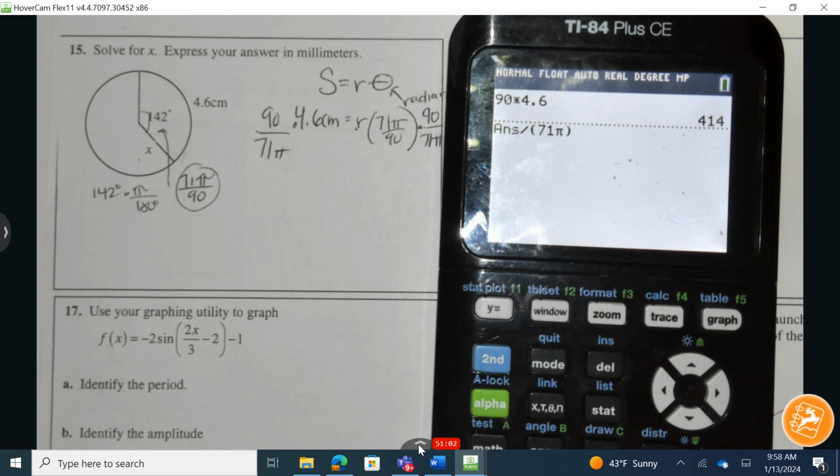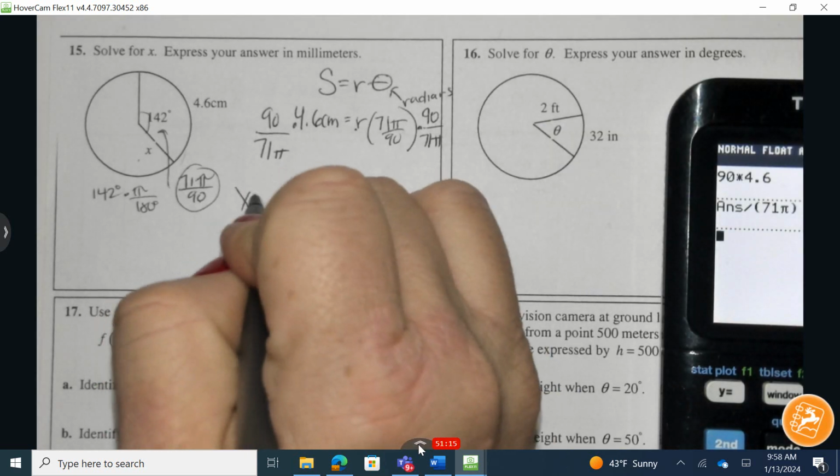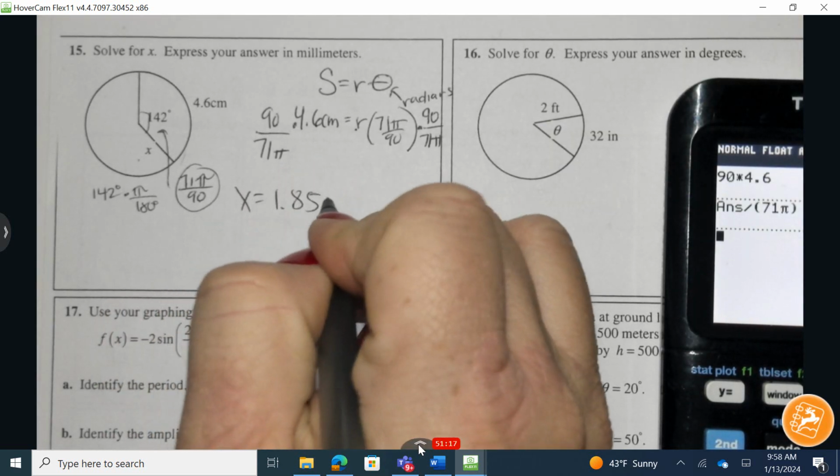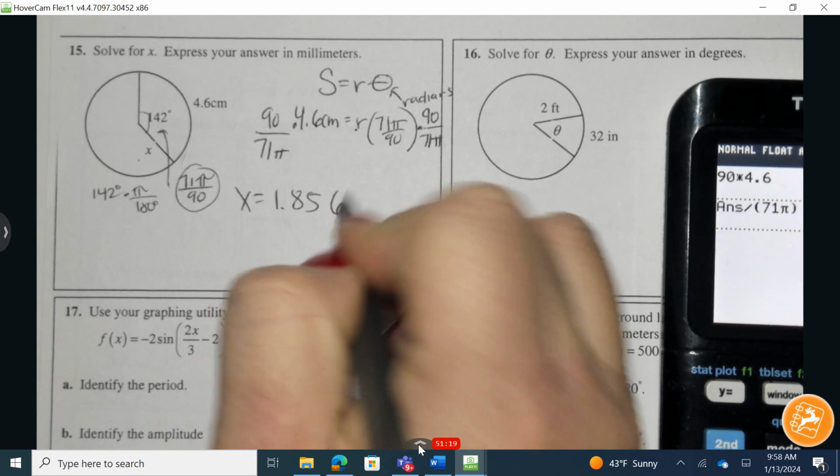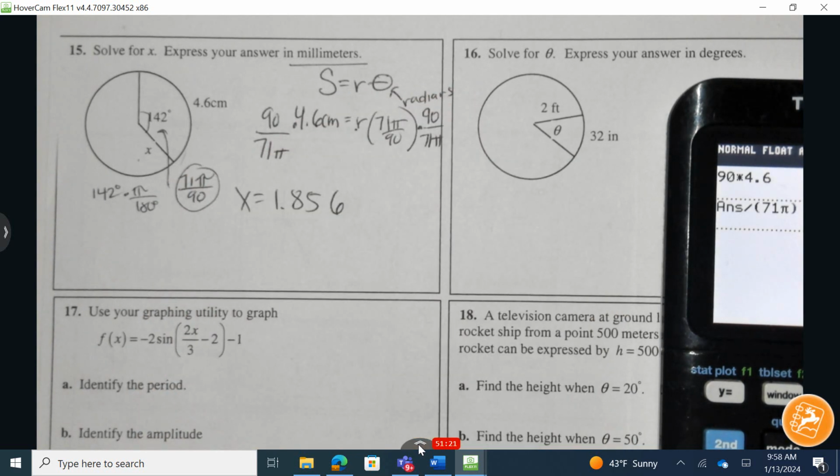Make sure to put parentheses around the 71 pi because it's not just 71, it's 71 times pi that we're dividing by. All right, and we get an answer of 1.856. So x equals 1.856. Now here's the key. Let me grab the previous one.